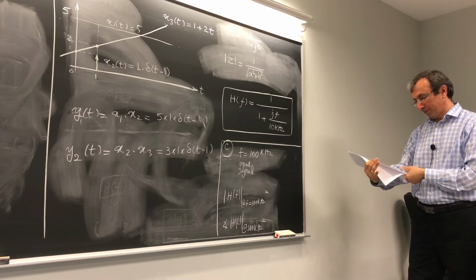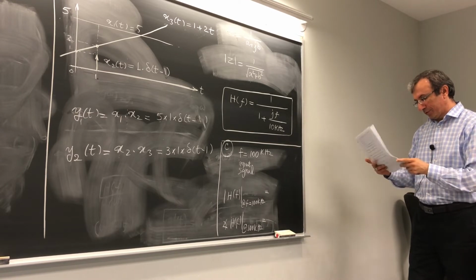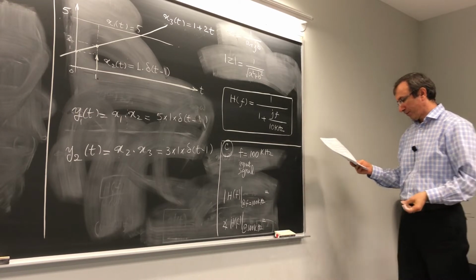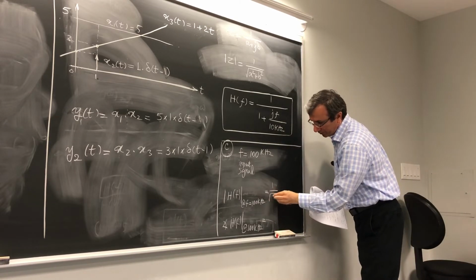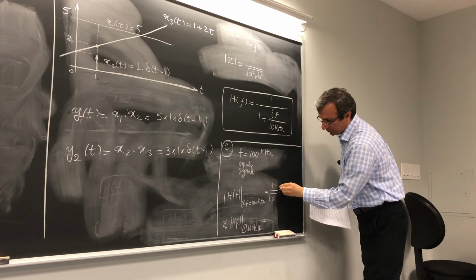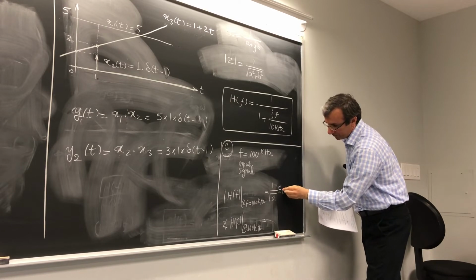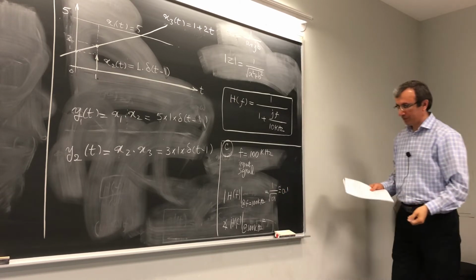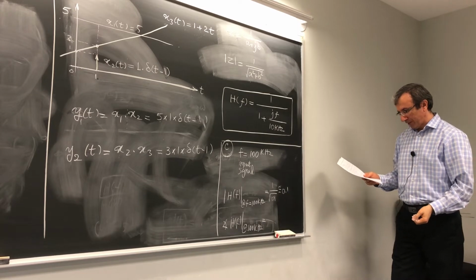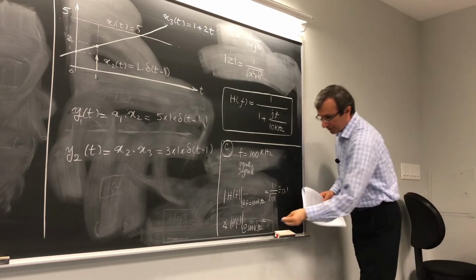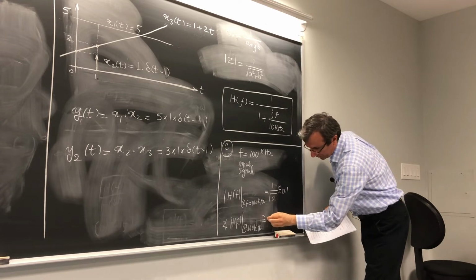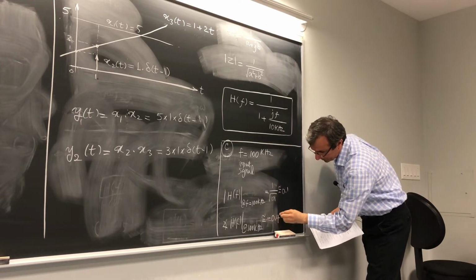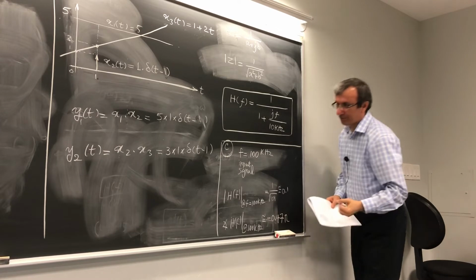So let me see if I have the values for you to check. It's going to be 1 over square root of 101, which is almost 0.1, the magnitude. And the phase would be approximately negative 0.47 pi.